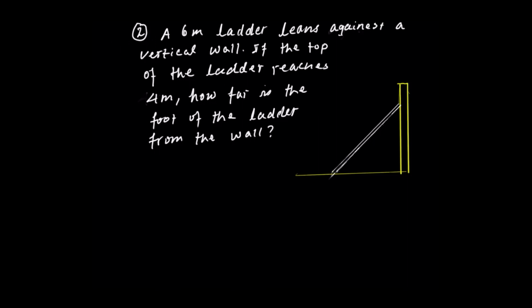So here is the ladder, leaning against a wall, and the height the ladder reaches on the wall is 4 meters, from here to here. This is the ground and this is the wall. Assume that the wall is perpendicular to the ground. The right angle is here, so the ladder, the ground and the wall form a right angle triangle. Now the question: how far is the foot of the ladder?